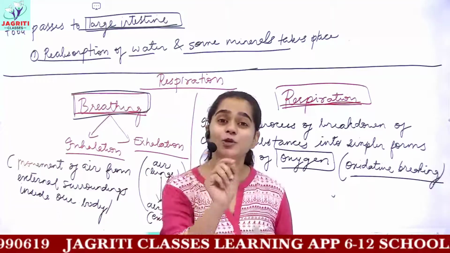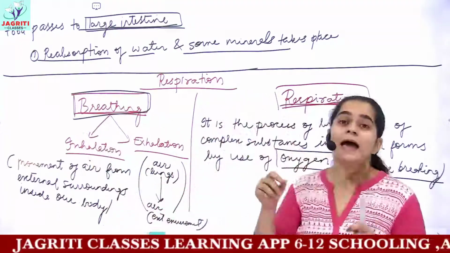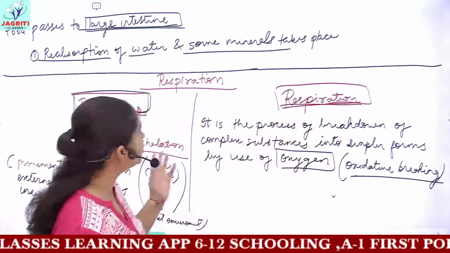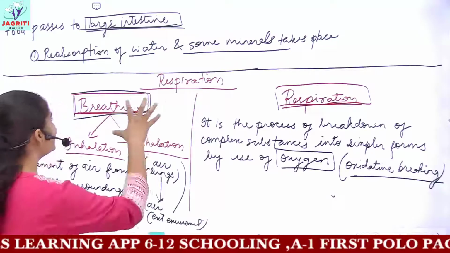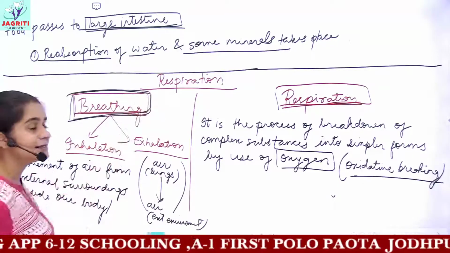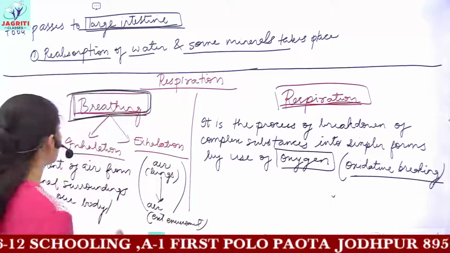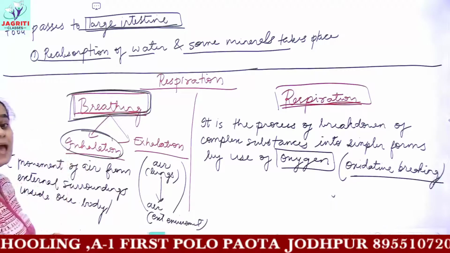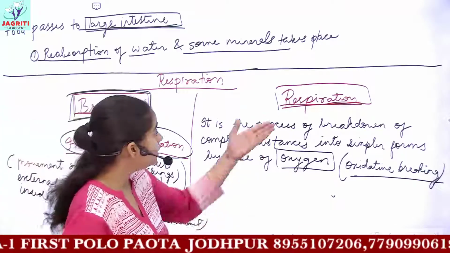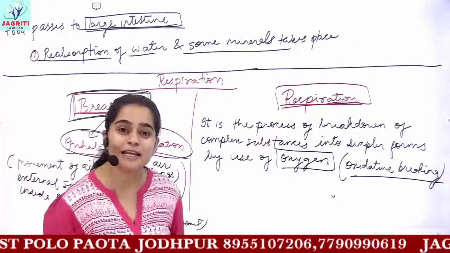I hope now you will not use these two terms as having a similar meaning, and you have understood the difference. Now you will understand more when we'll be dealing with both these processes. I'll be explaining the breathing mechanism, that in which conditions or situations inhalation occurs and in which other circumstances exhalation occurs. Then we'll also be dealing with the term respiration.